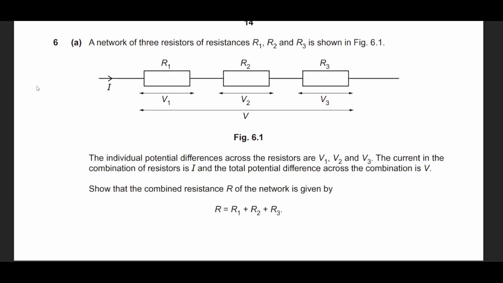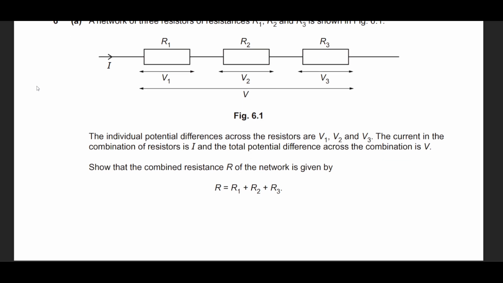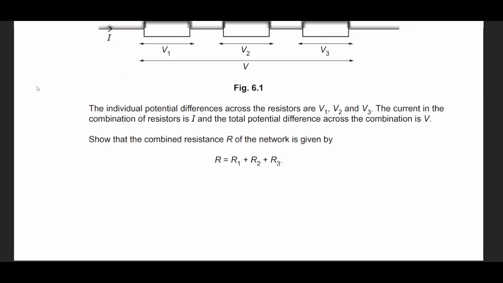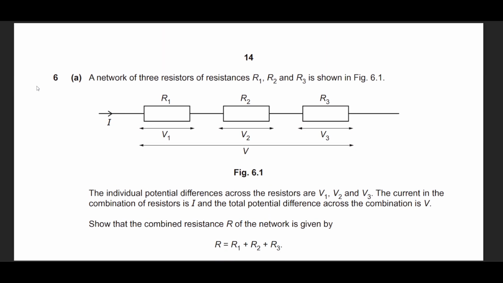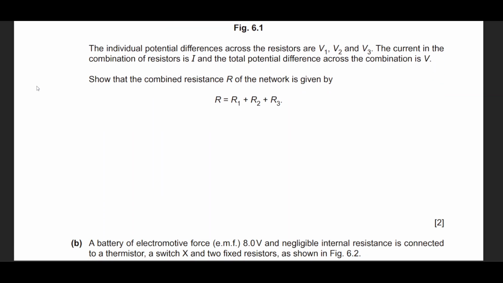Anyways, question number 6. There is a proof for resistance. He says, tell us and show us that in series, the resistance is going to look like this. So what we know so far, the current remains constant, right? In a series circuit, the current is constant, and we know that the voltage is divided.